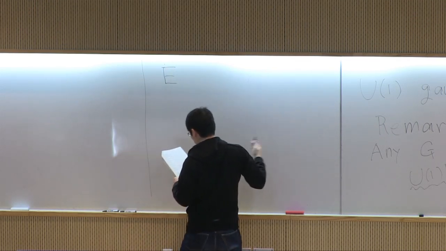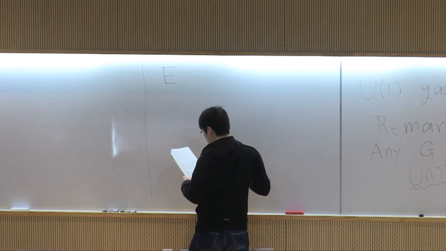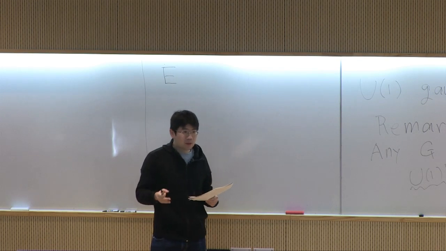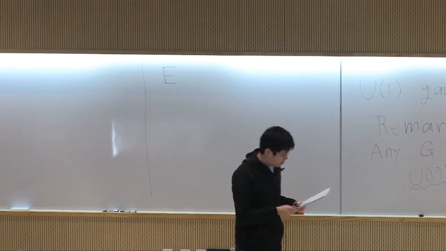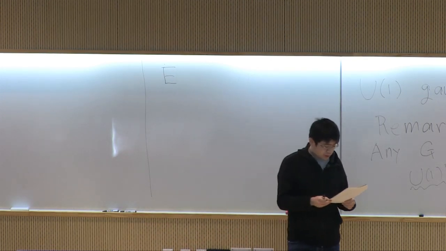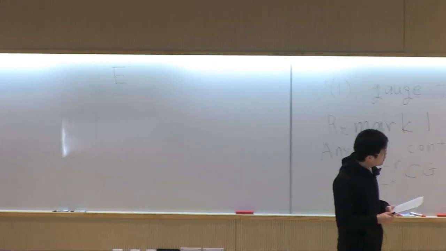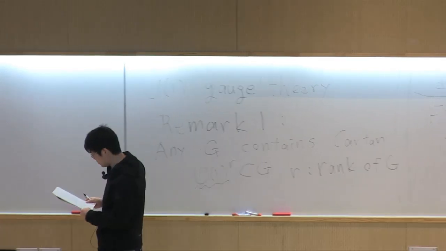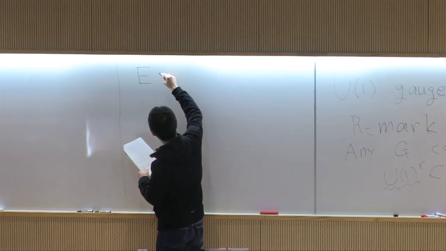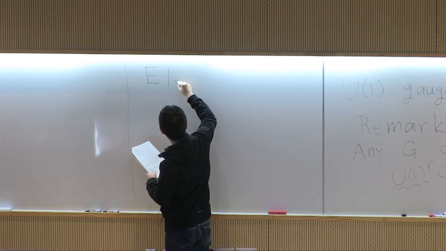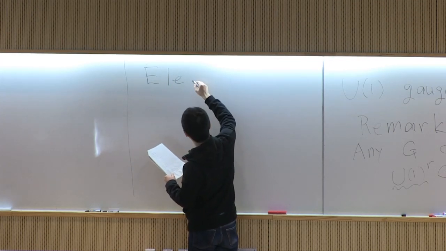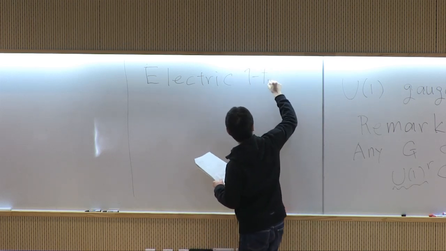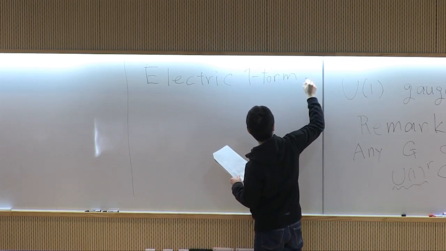In particular, for the later purpose of generalizing to non-abelian gauge groups, I want to slightly rewrite the electric one-form center symmetry.